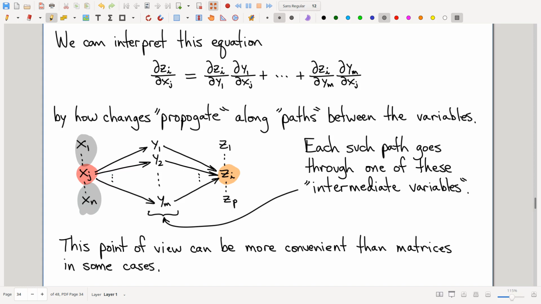In particular, as xj changes, that's going to cause y1 to change, among other things. We'll talk about those other things later. But for the moment, as xj changes, that will cause y1 to change. And furthermore, those changes in y1 will cause changes to zi. So there's a two-step process along this path I have in green where changes in xj can propagate along and cause changes in zi.